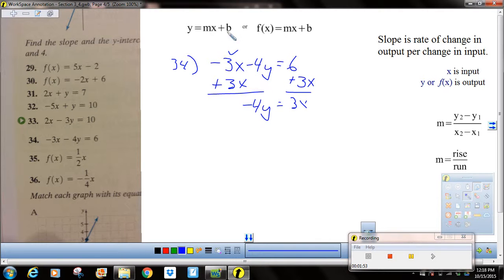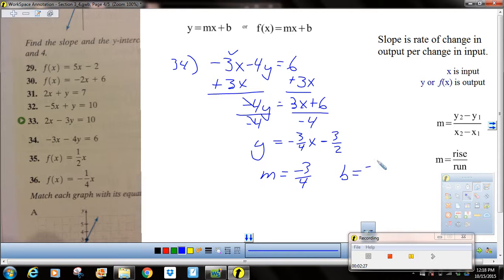That way it will resemble slope-intercept form. Now I need to divide both sides by negative 4. Positive divided by negative is negative 3/4 x. And positive divided by negative is negative 6 over 4, which reduces to 3 over 2. So the slope is negative 3 over 4. The y-intercept is negative 3 over 2.